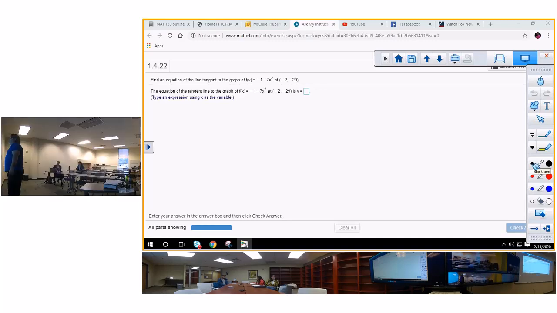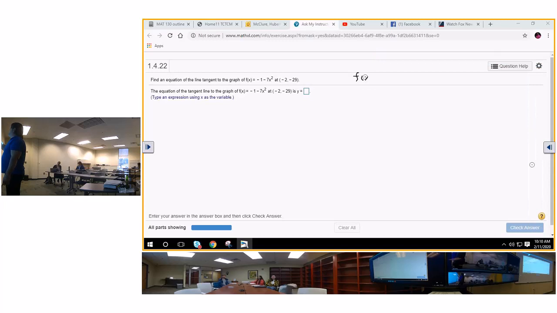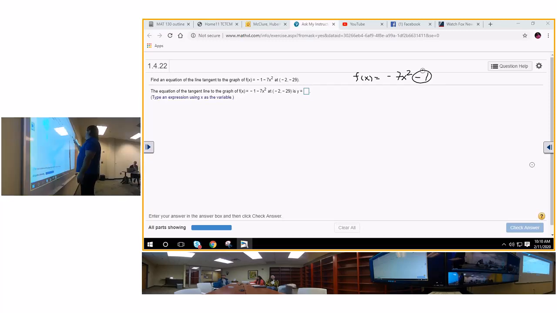I'm going to rewrite it like you're supposed to write it. F of x is equal to negative 7x squared minus 1. So that means we got a vertical shift of what? 1 down. And we have a negative, which means it's going upside down. And then 7 means it's being compressed.